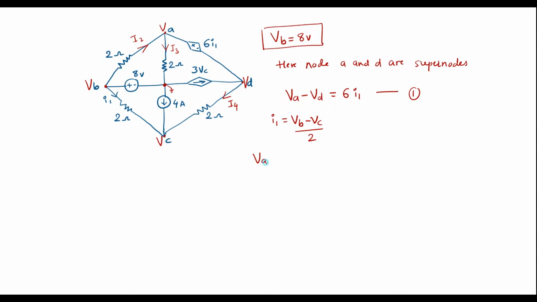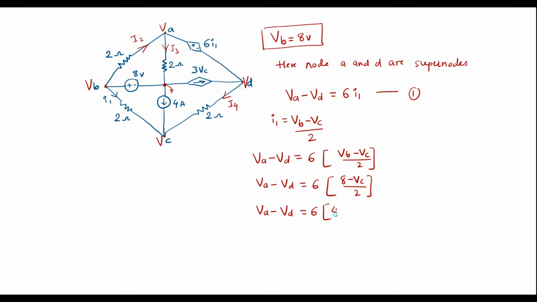So I can write VA minus VD is equal to 6 in bracket, VB minus VC divided by 2. I can simplify this as VA minus VD is equal to 6 in bracket, VB is nothing but 8 volt, that is 8 minus VC divided by 2. Or I can write it as VA minus VD is equal to 6 in bracket, 8 by 2 is 4, minus 1 by 2 VC, that is nothing but 0.5 VC.